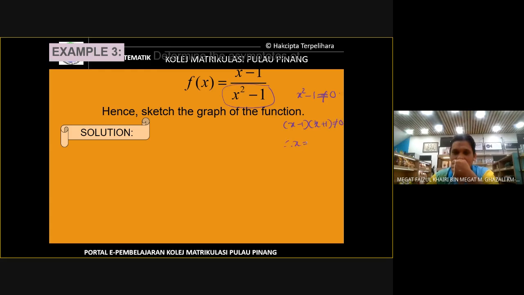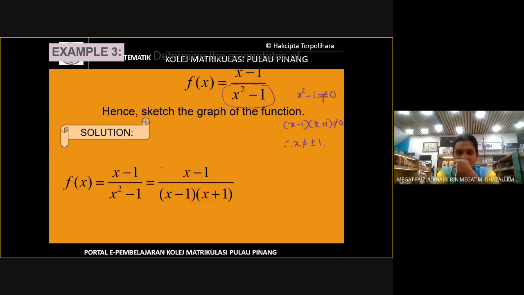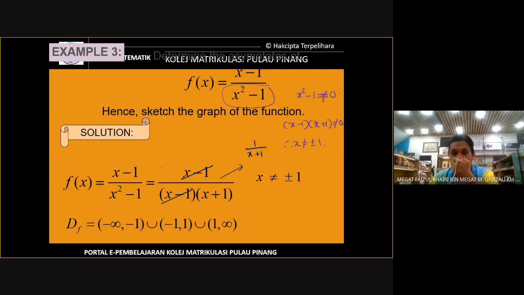So then x cannot be equal to plus minus 1. So from here we can see clearly that we can just simply cancel these two, and finally we simplify this as 1 divided by x plus 1.